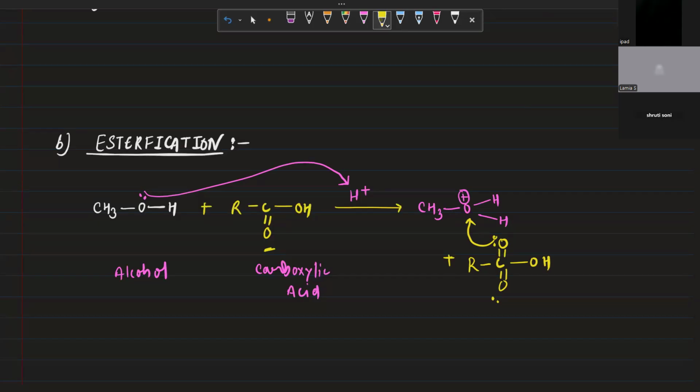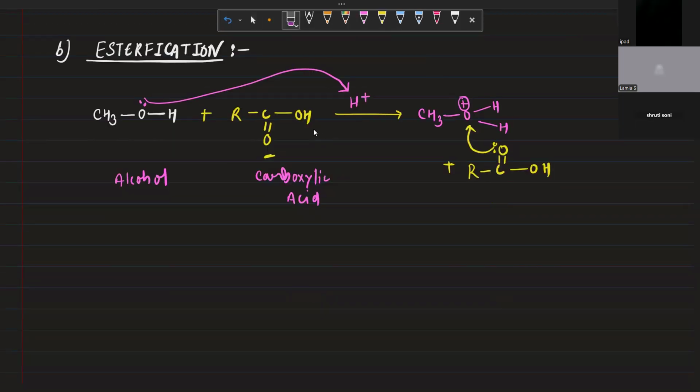See, we are going with the esterification mechanism. Esterification means formation of an ester.